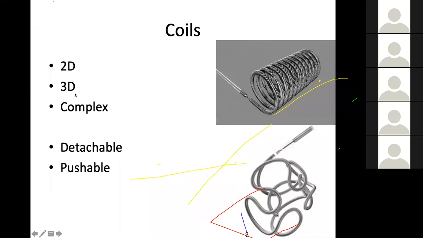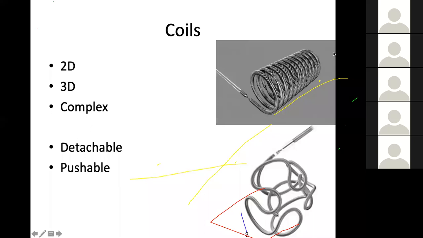Now these coils could be 2D coils, this could be 3D coils, they could be simple helical coils, this is a helix, or these could be complex. So they could be 3D. 3D is a type of complex coils. In this 3D also there can be further complex coils. So if you see a coil which is only circles and circles, it's a helical coil.